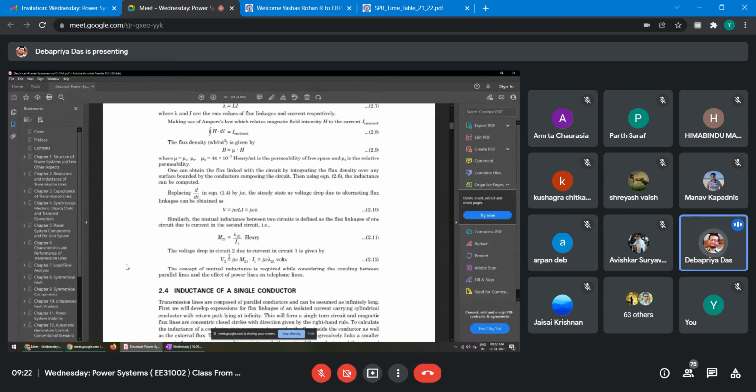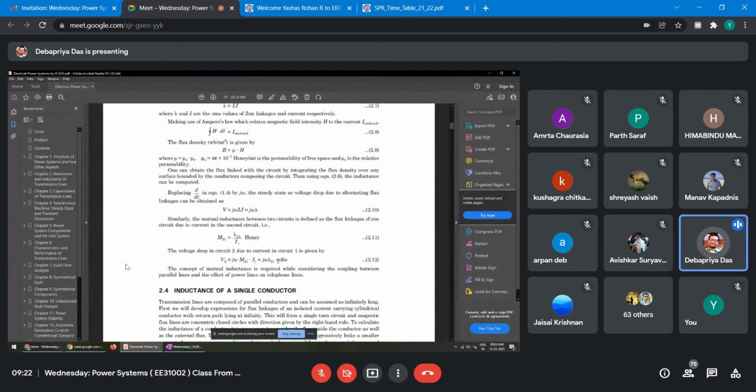Similarly, the voltage drop in circuit 2 due to current in circuit 1 is V2 equal to j omega M21 I1 is equal to j omega lambda 21. So this is the magnetic circuit you have studied in the first year, in your electrical technology course. This is a very simple thing, you can remember V is equal to j omega lambda, or M21, although this may not be required later, right?